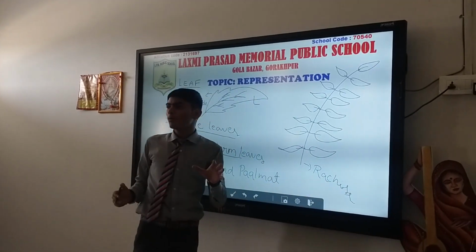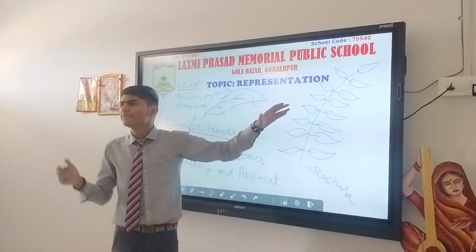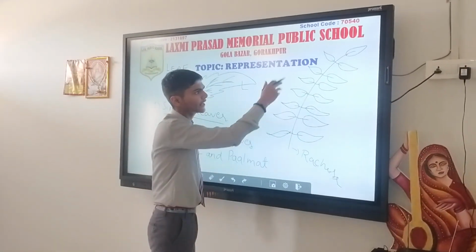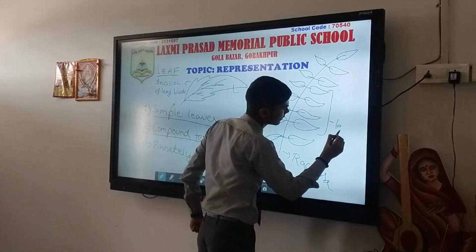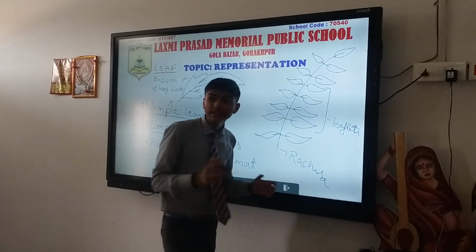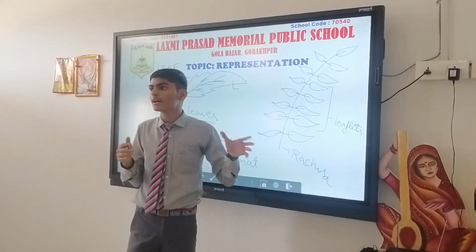Why is this a compound leaf? Look, from the midrib, there are many leaflets arising from the axis. These all are leaflets, and on a single axis there are many leaflets. That's why we call it a pinnately compound leaf.